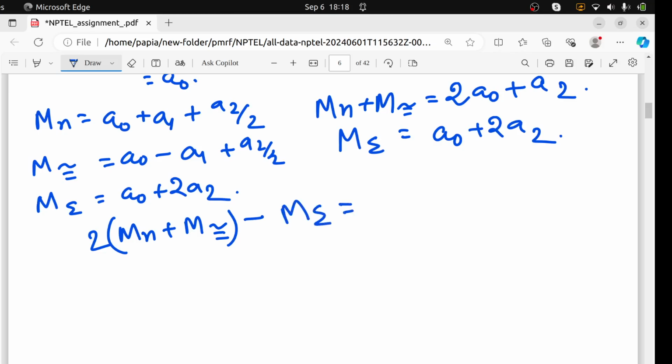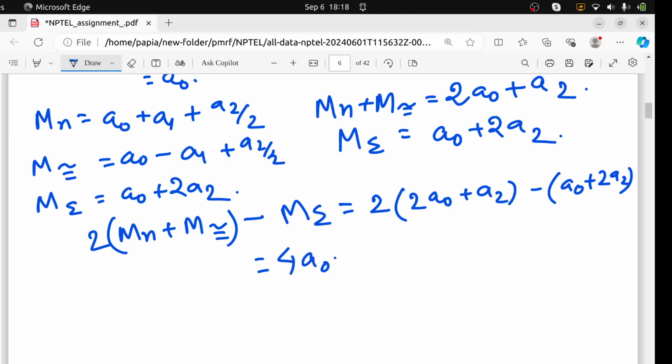So what will happen? 2 into (2A0 plus A2) minus (A0 plus 2A2), right? So what will be the value? 4A0 plus 2A2 minus A0 minus 2A2. Now you can see 2A2 will cancel out. It will be 3A0 simply.